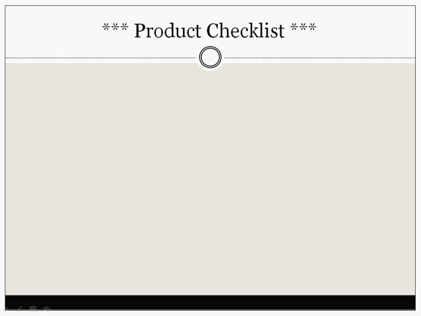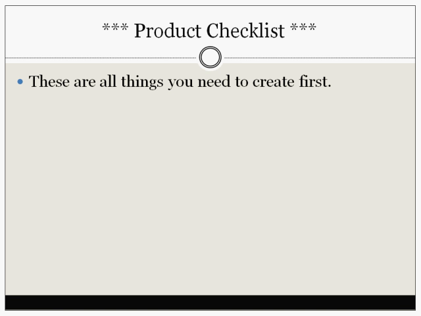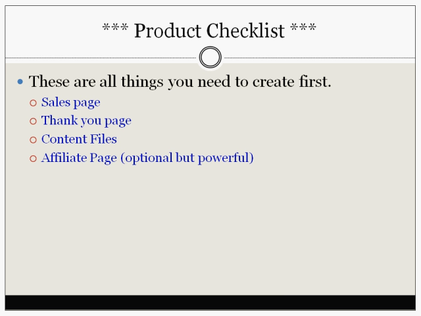So, the product checklist. This is something that you will need to jot down. I'd say it's the most important part of this specific video. These are all things that you need to create first. You need to create the sales page, thank you page, and content files, and you're going to need to zip those files up. You're going to need to have the affiliate page.